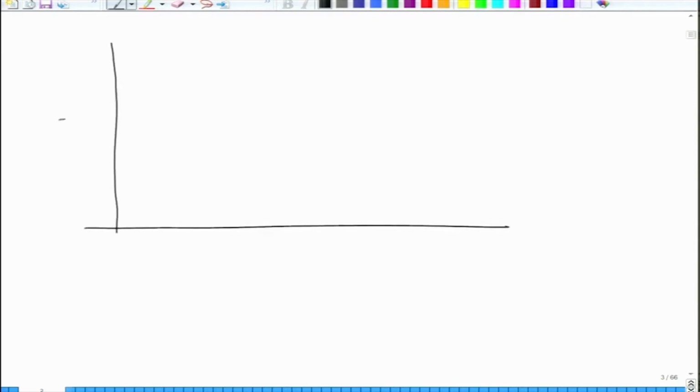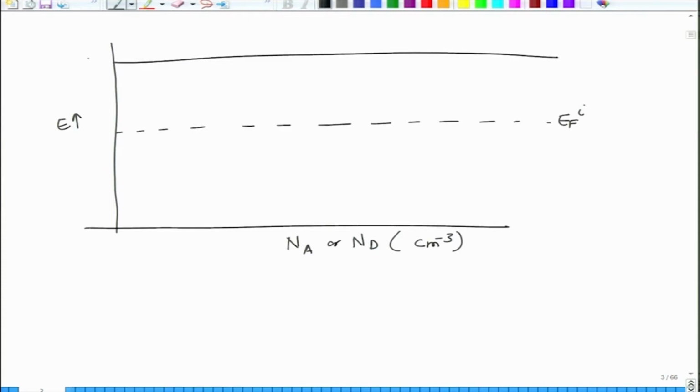So, this is your energy scale, this is let us say NA or ND, typically given in 10 to the power per centimeter cube. So, let us say if this is the value of EFI, and this is let us say your EC and this is let us say your EV, then the Fermi level tends to, so let us say you are plotting from 10 to the power 13 to, I do not know, 10 to the power 20.